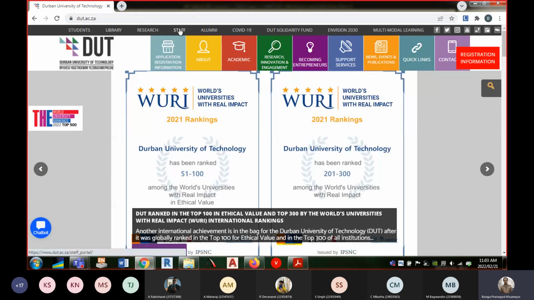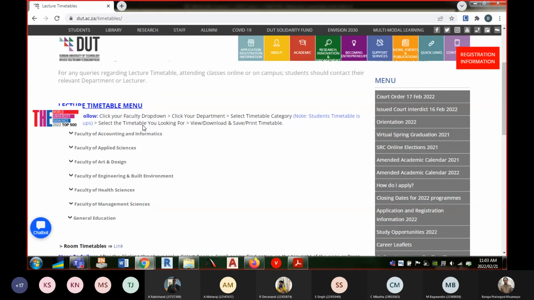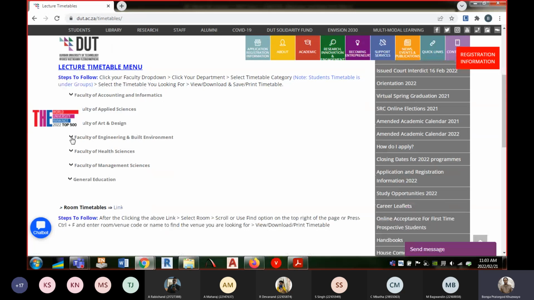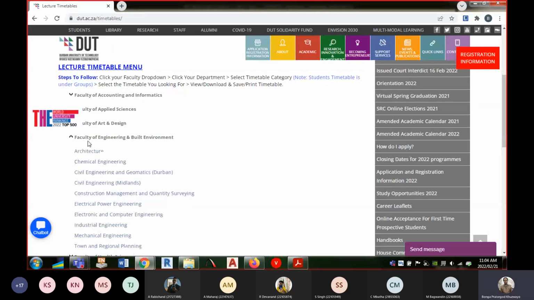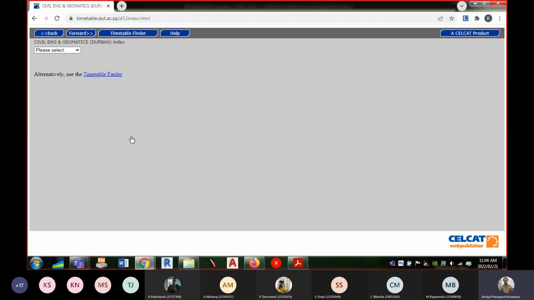Okay, if I go to staff, you will be able to see timetables there. Okay, and Faculty of Engineering, Civil Engineering and Geomatics, Devon, and then you can see timetables for modules, groups, staff, rooms, etc.